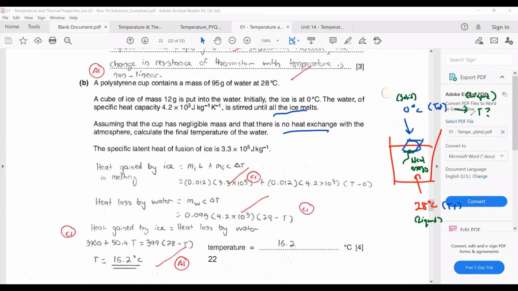So to think about the ice, what actually happens is this. For the ice, it will be 0 degrees centigrade solid. You go to 0 degrees centigrade liquid. Then after that, you'll go to the unknown temperature T liquid.